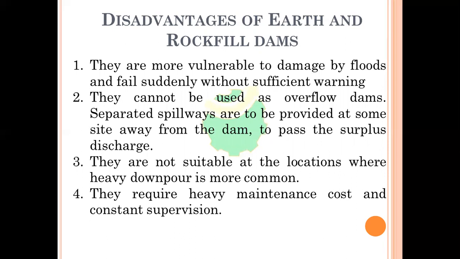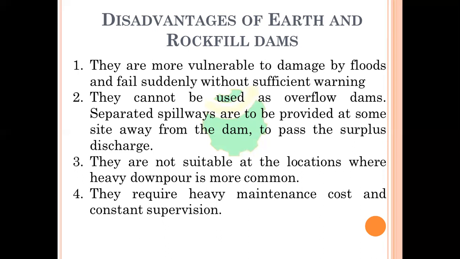Separate spillways are to be provided at some site away from the dam, because if we provide overflow spillways on the top of the earth dam, due to the water pressure the upper part of the soil will be eroded, so dam stability is decreased. That's why we should not provide overflow on earth dams. In earth dams, we provide a separate spillway structure.